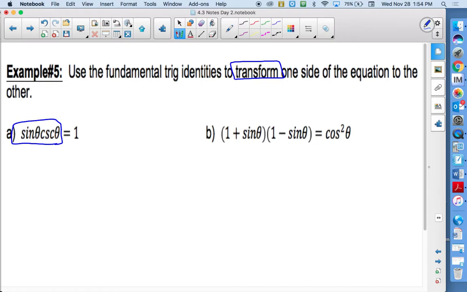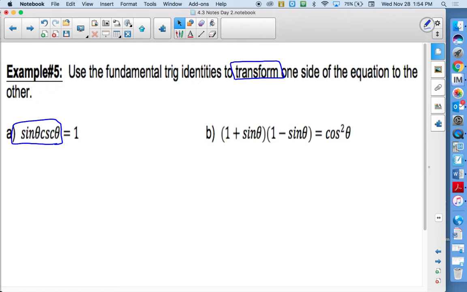So if you look at sine times cosecant, so sine theta, cosecant theta, how can we change that? What's one thing that you could kind of replace in the problem? So you want to take something out, replace it with something else. So look at those identities. Sabrina, you have an idea?